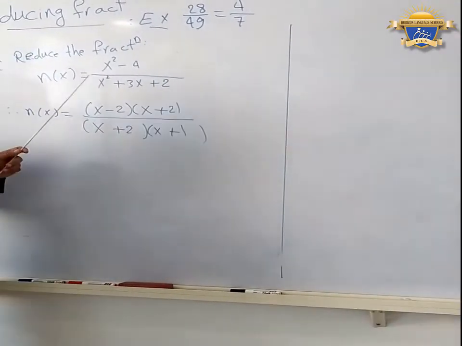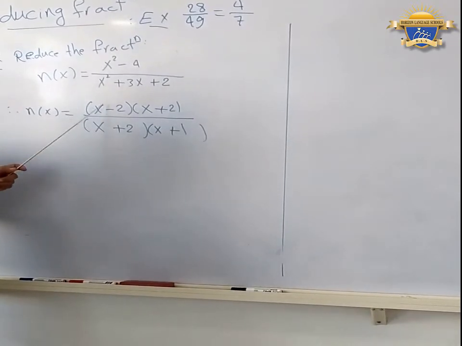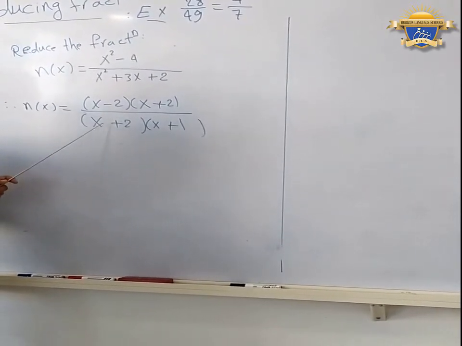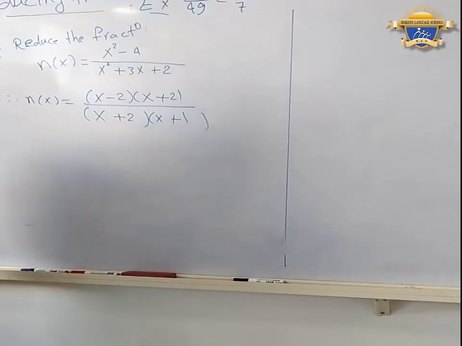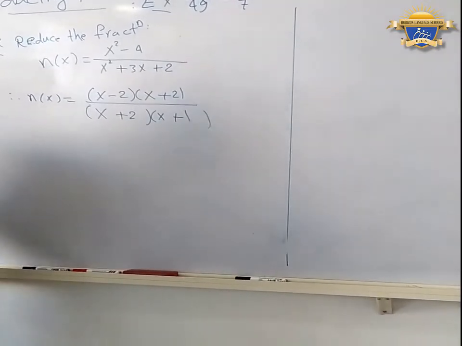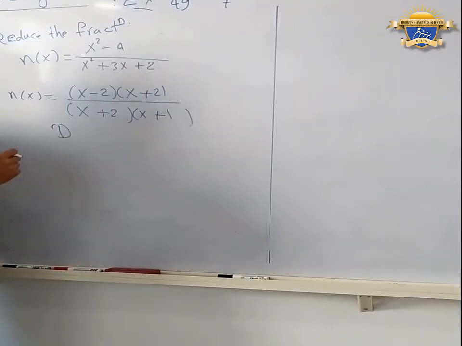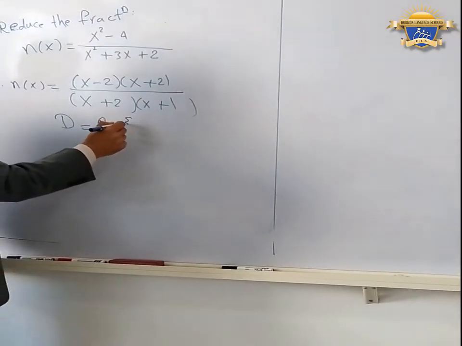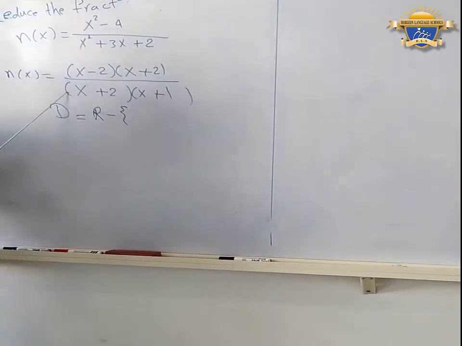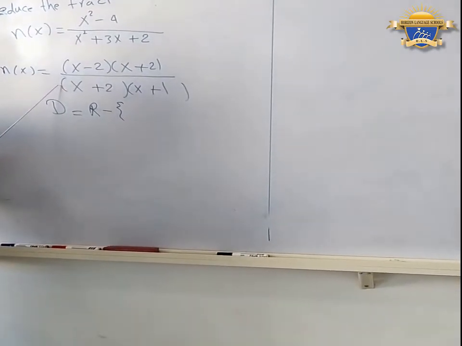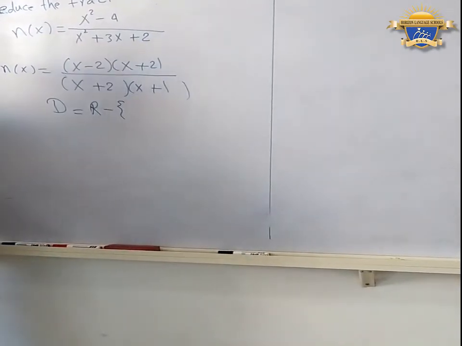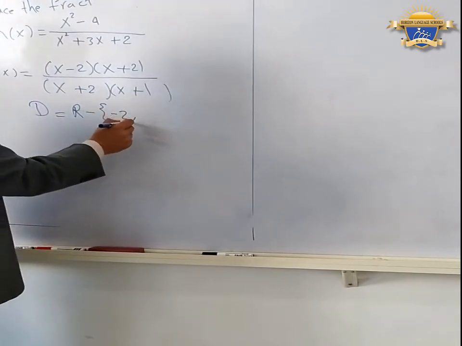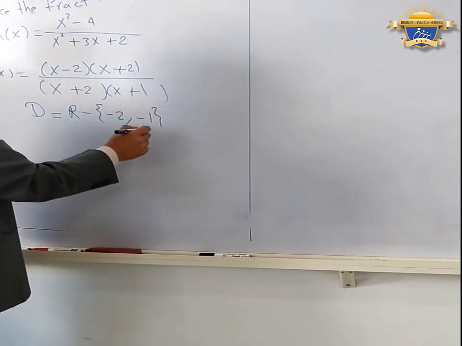After factorizing the numerator and denominator, we determine the domain of this function. The domain, which we denote by g, is R minus the zeros of the denominator. When the denominator equals 0, x equals what? x equals negative 2 and negative 1.